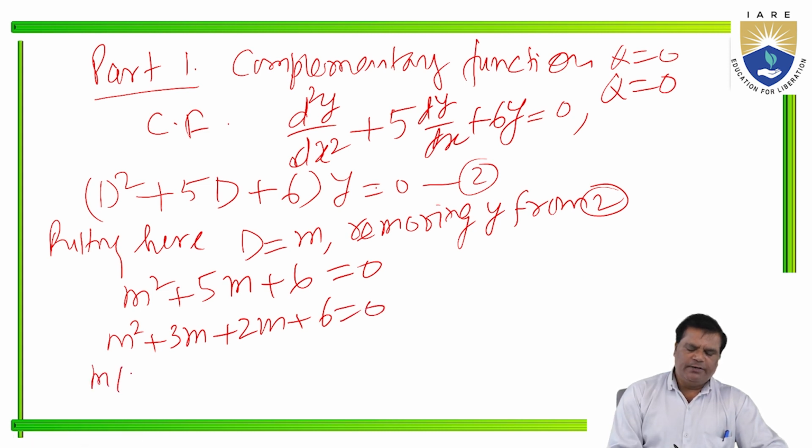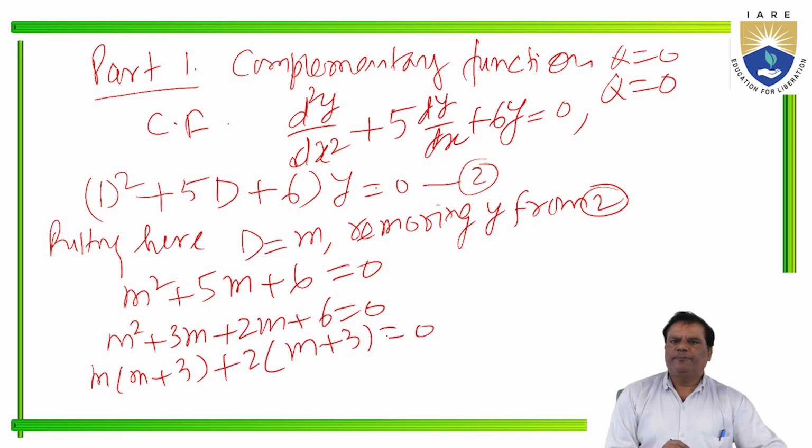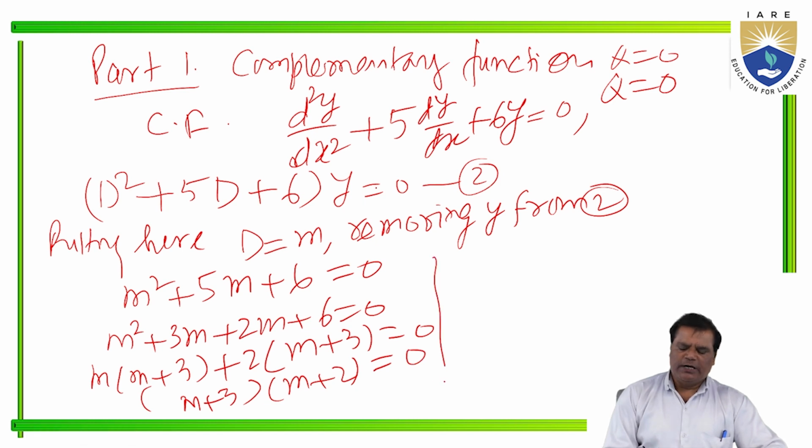Taking m common and 2 common, (m plus 3)(m plus 2) equal to 0. If m plus 3 equals 0, then m equals minus 3.